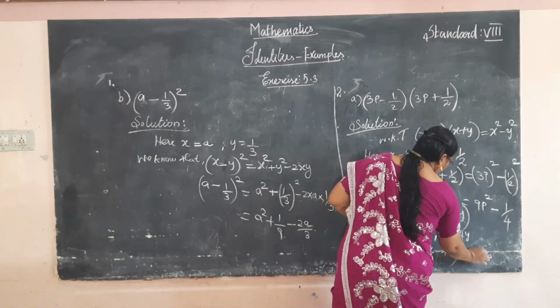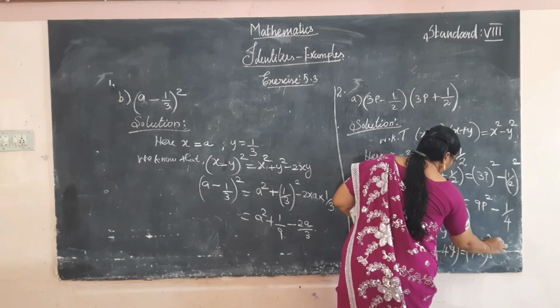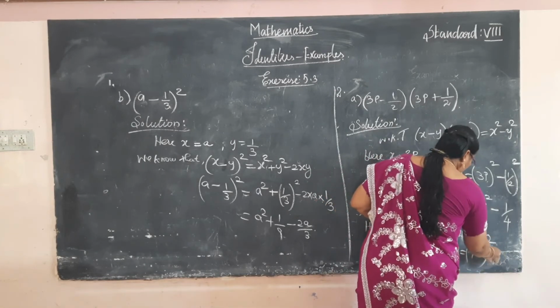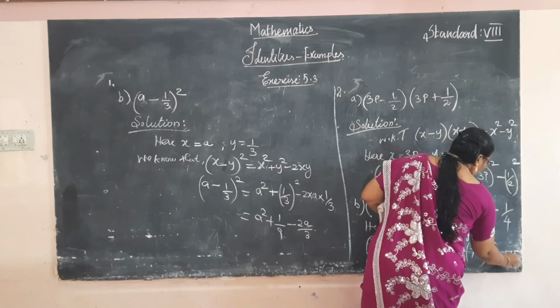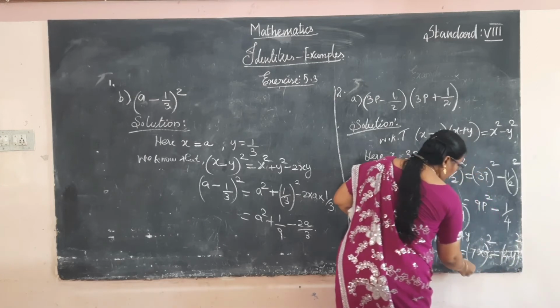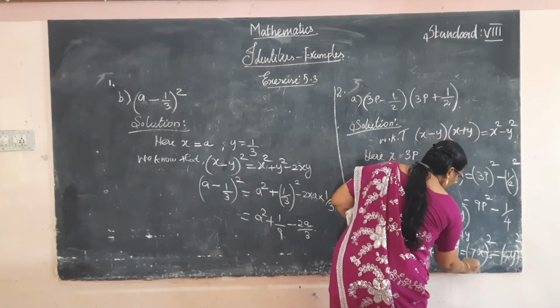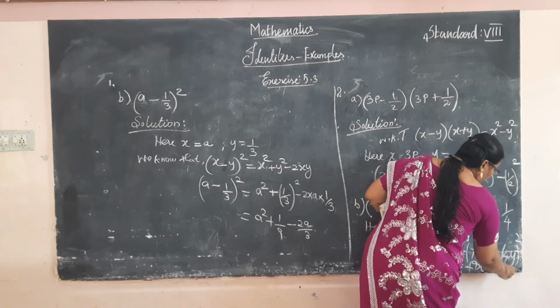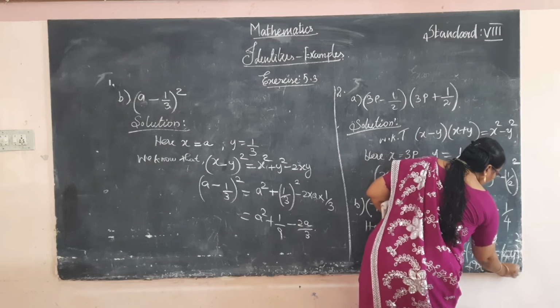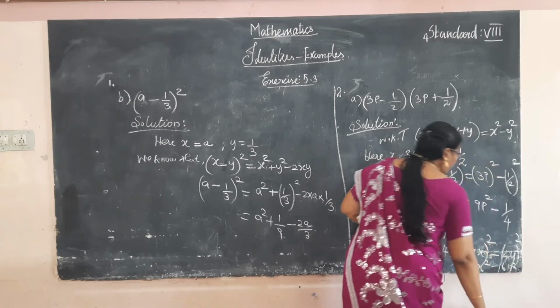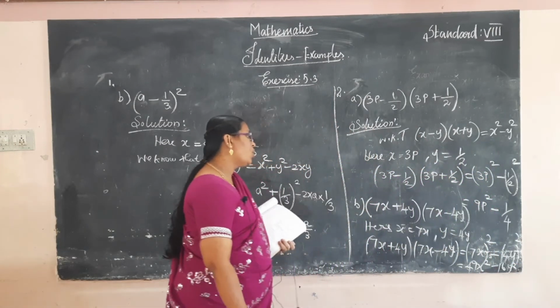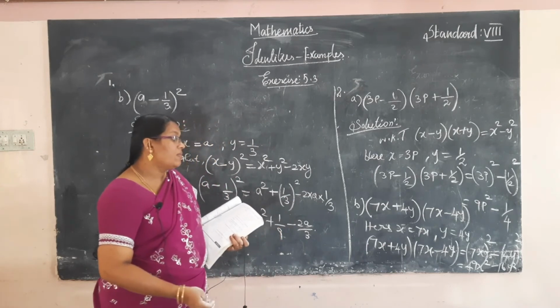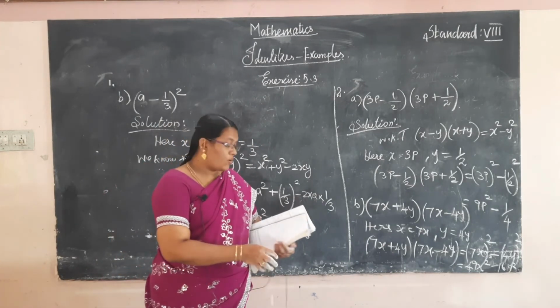X value is 7x, so (7x) the whole square, minus y square, value is (4y) the whole square. So 7 square is 49 x squared, minus 4 square is 16 y square. So the answer for this problem is 49x squared minus 16y squared.